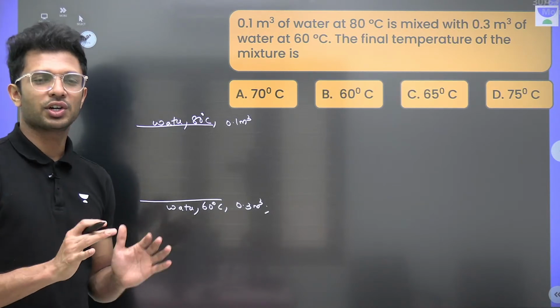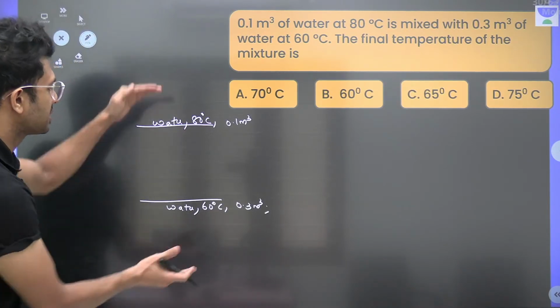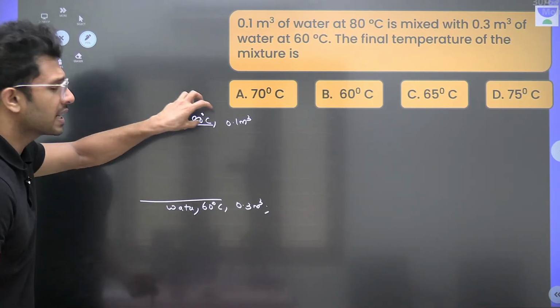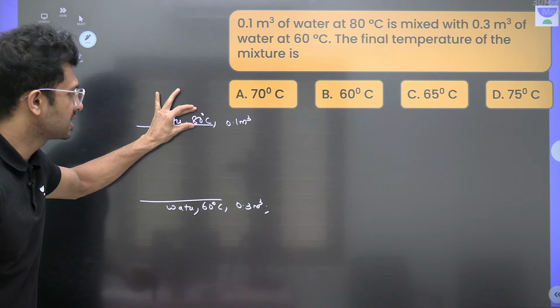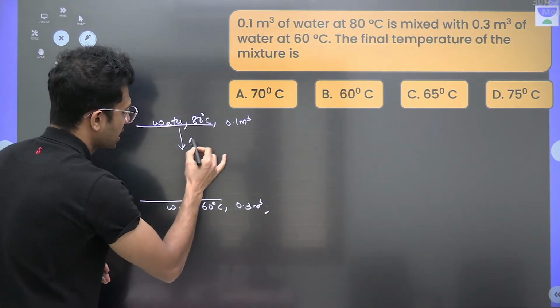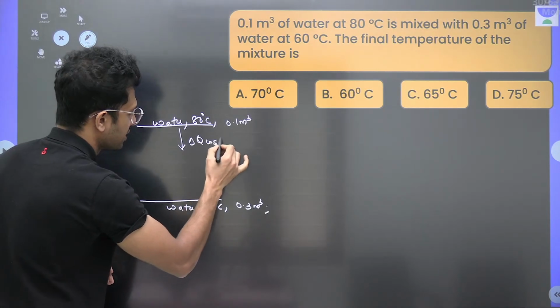Fine, all good. Now what happens? You are mixing these two. Tell me what happens if you mix these two. Water at the higher temperature, 80 degrees Celsius, will start losing heat energy. Delta Q is being lost by this.